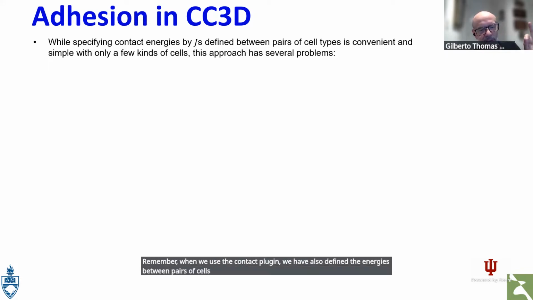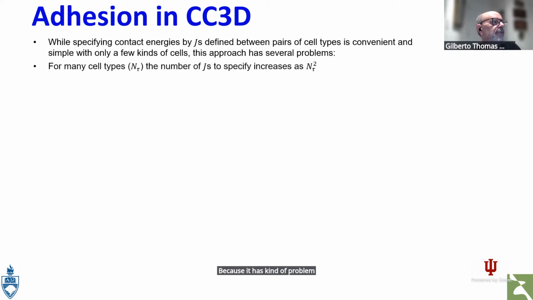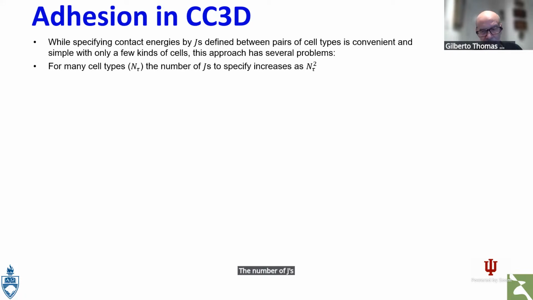But this is kind of complicated because it has problems. If you have many types of cells, the number of J's increases as n squared. So you have lots of parameters to adjust.